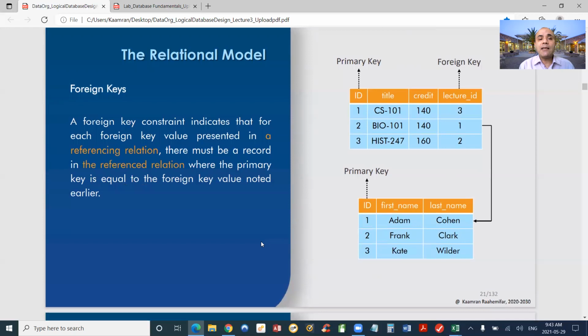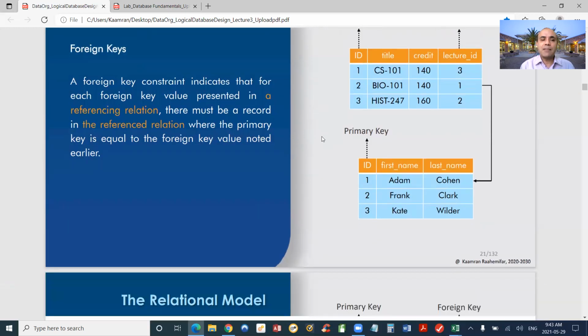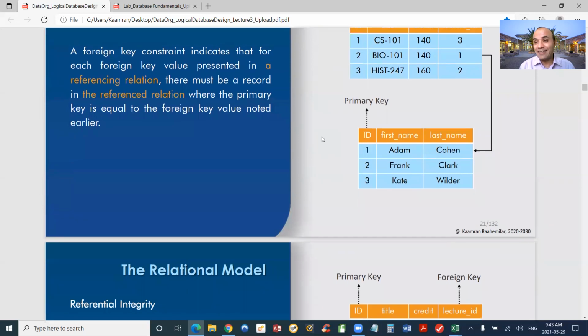A foreign key constraint indicates that for each foreign key value present in a referencing relation, there must be a record in the referenced relation where the primary key is equal to the foreign key value noted earlier. So this is the primary key, and this is the foreign key in the primary table, and this is the primary key in mine. Remember, in the lab, we discussed constraints, and one of the constraints is that you do have to have the foreign key. So keep that in mind. A foreign key cannot be empty, so keep that in mind.